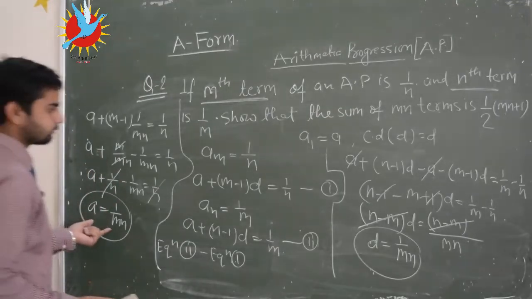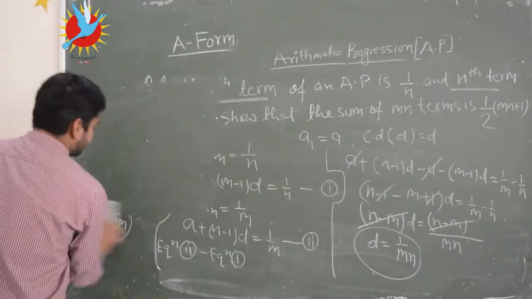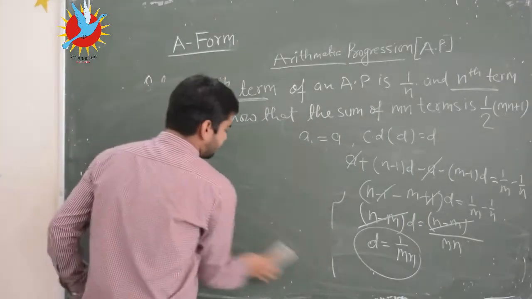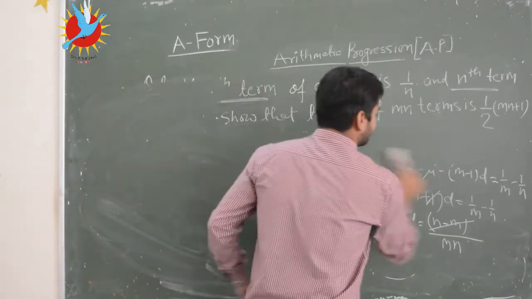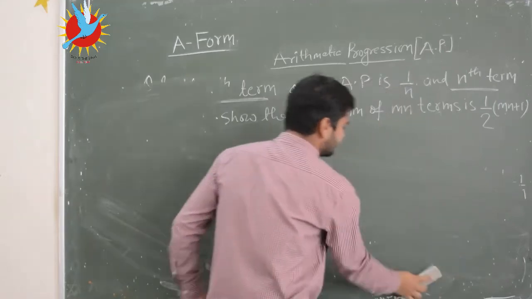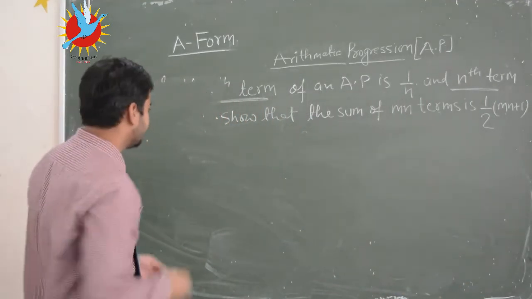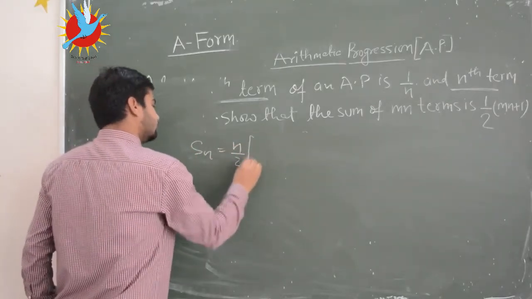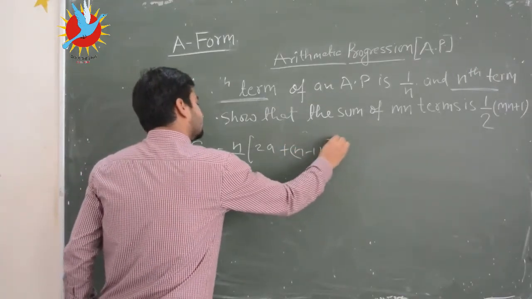So we have calculated a and d. Now we have to apply the formula of Sn. We know the sum of n terms of an AP can be given by the formula Sn equal to n by 2 into (2a plus (n minus 1) into d). So just use the formula Sn equal to n by 2 into (2a plus (n minus 1) into d).